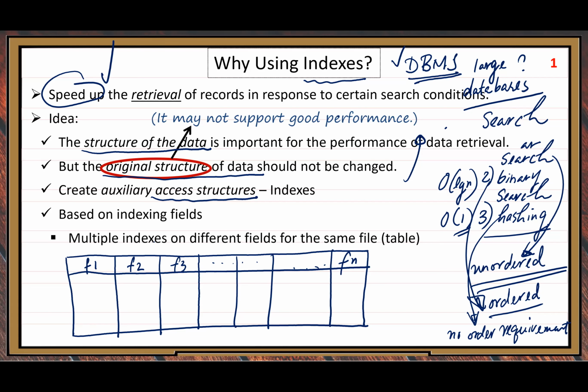Because when we store the data in this table, you store the data based on which field you want to sort. Look at our case study example, the university database.